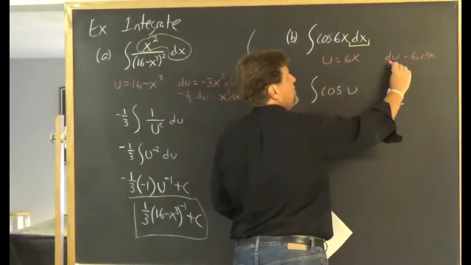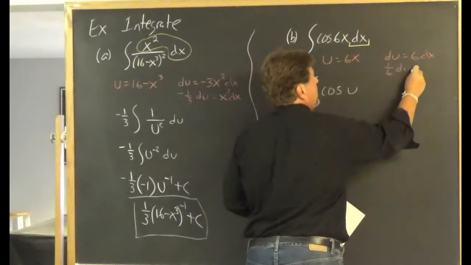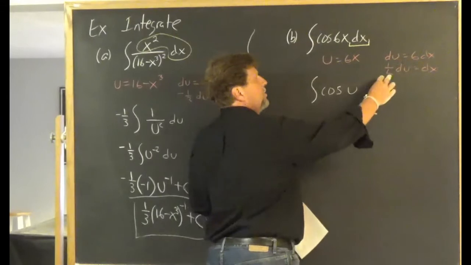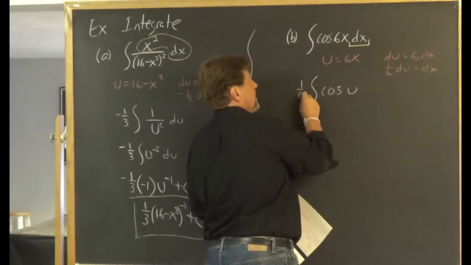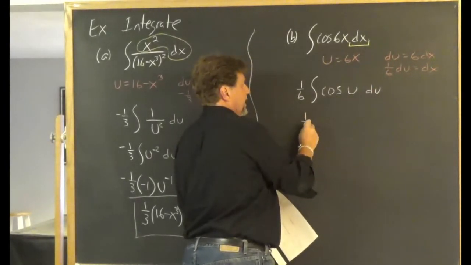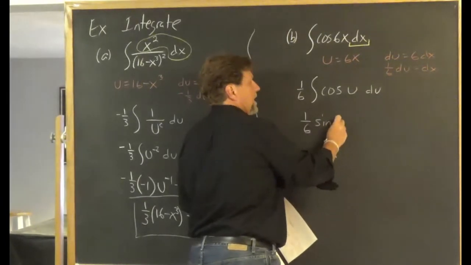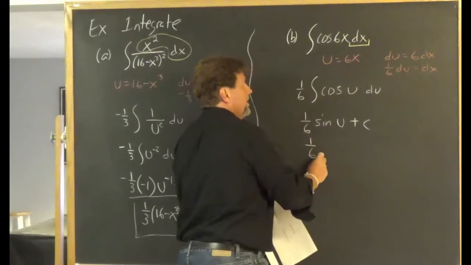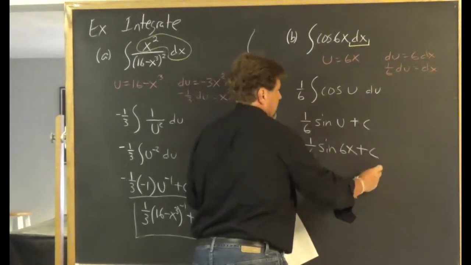And by massaging the du statement, we get a 1/6 du is dx. So we're going to substitute 1/6 du in for the dx, rip the 1/6 out front. We have a very, very friendly integral now. The antiderivative of cosine u is sine u. Then you resubstitute, and you get 1/6 sine 6x plus c.